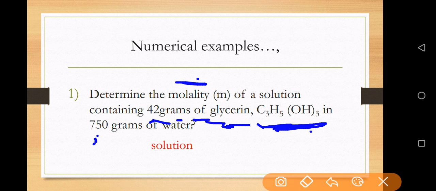If we have a summation, we'll get 92 gram per mole, and our number of moles then will be given by dividing this 42 by 92 gram per mole, which is the RFM for glycerin, as shown below.